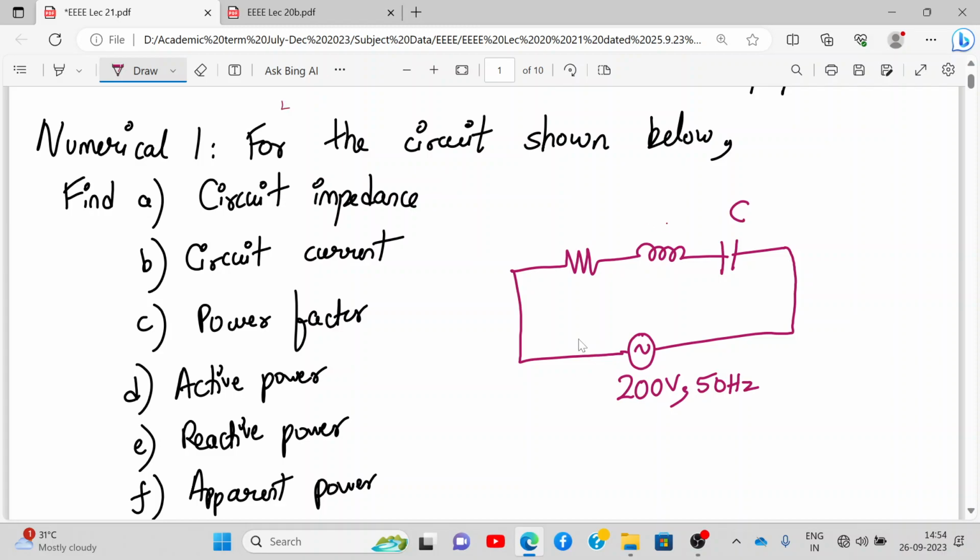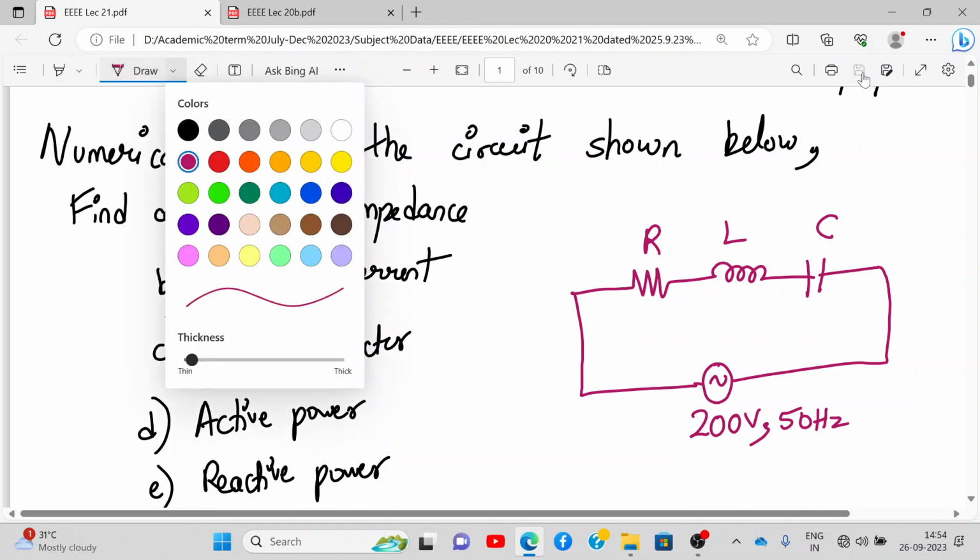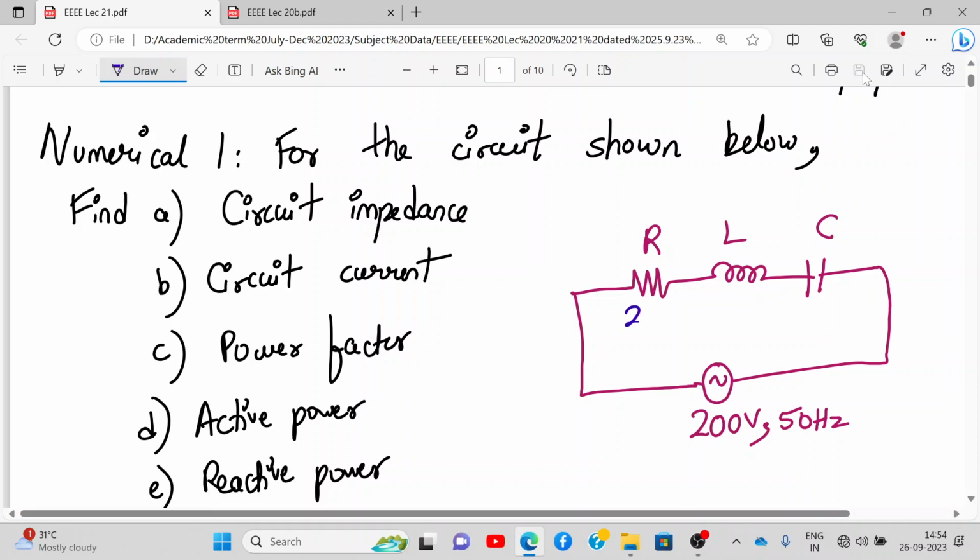This is C, L, and R. The value of the resistor is, write it down, 20 ohms. L is 0.1 Henry and C is 50 microfarad. So obviously there will be an AC current flowing in the circuit. I'm marking it as capital I.